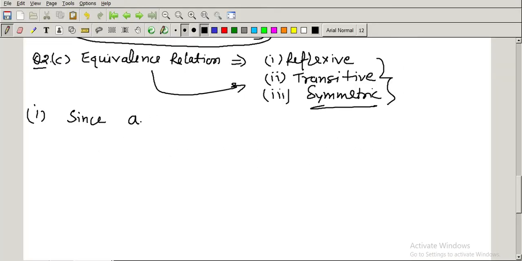So for reflexive, what we have to do? A minus B. Let's put B is equal to A. So A minus A is 0, right? And 0 is an even integer.